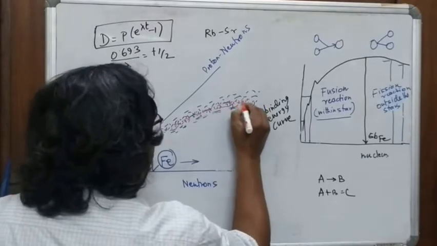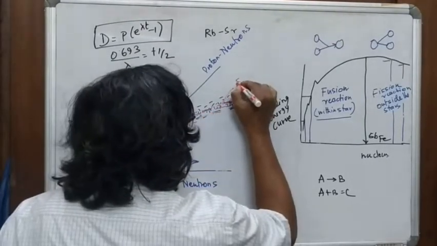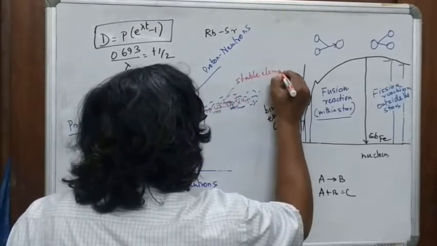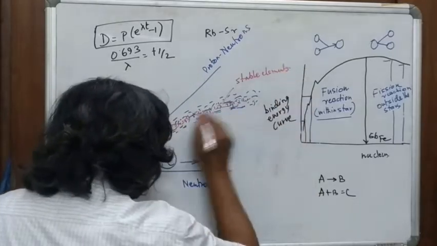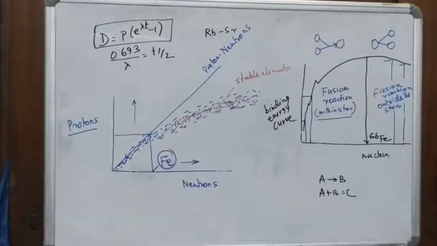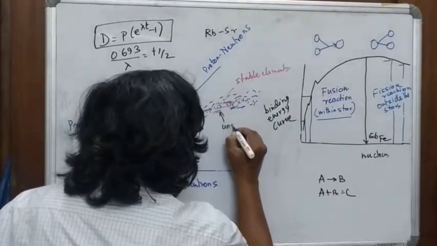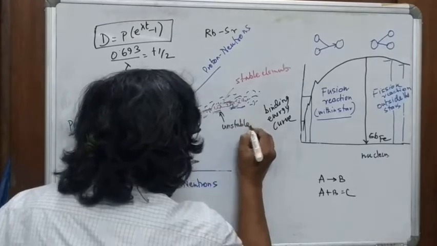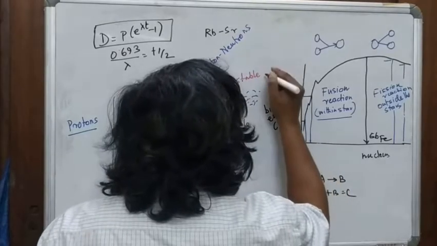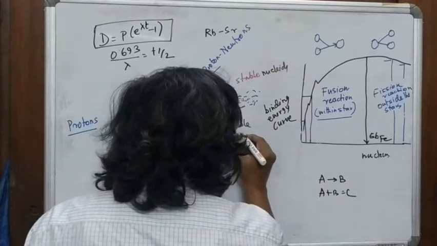Here in the middle, there is a zone. These are all stable elements. They cluster inside this cloud, and outside it, these are all unstable. These are not elements, nuclides is the better term: stable nuclides and unstable nuclides.